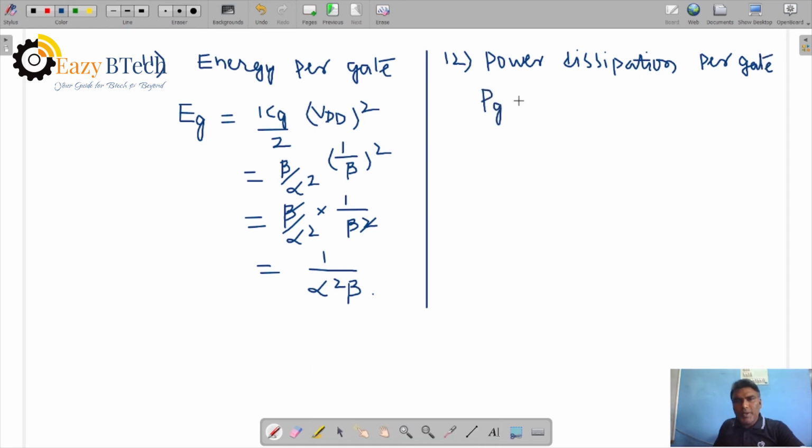Power dissipation across the gate terminal in a circuit. So there are two types of power: static power PGS and dynamic gate power, PGD.